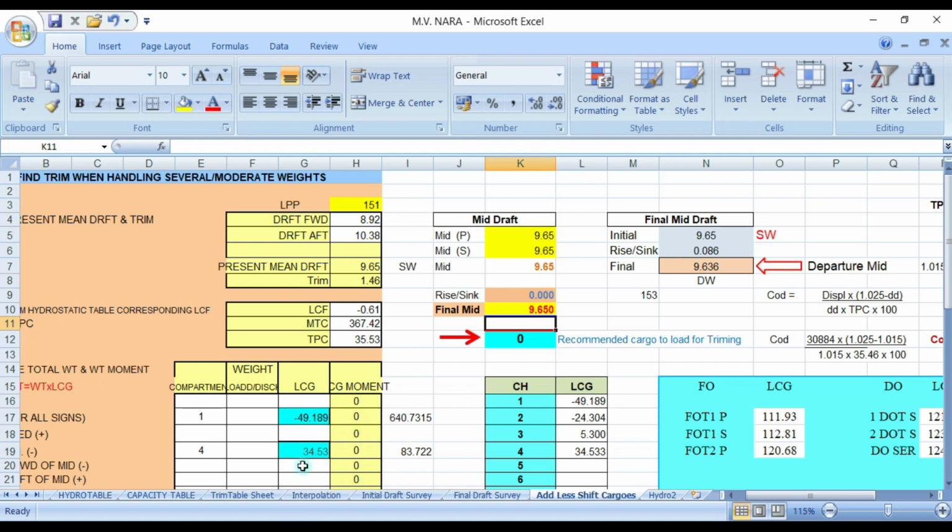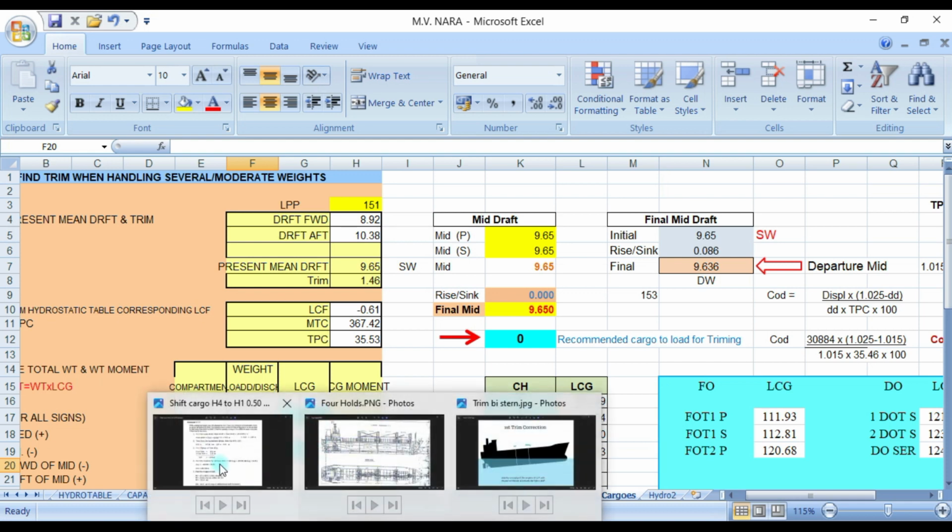Okay, so let's say we take out, meaning negative 421 metric tons. So you take out 421 metric tons in hold number 4. Is that correct?